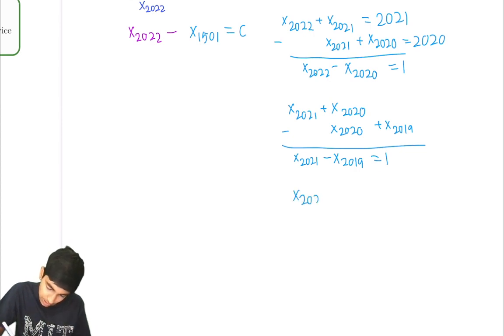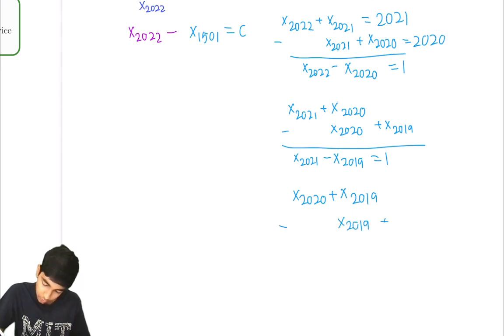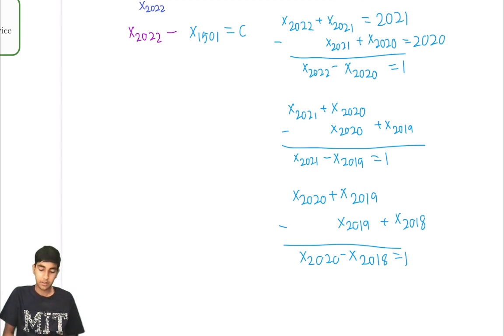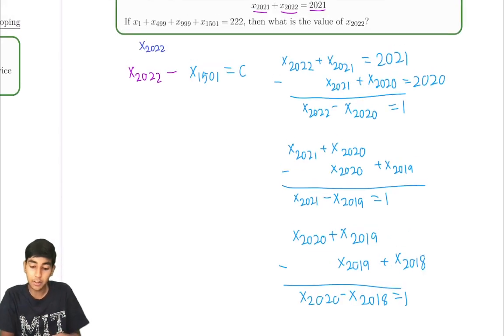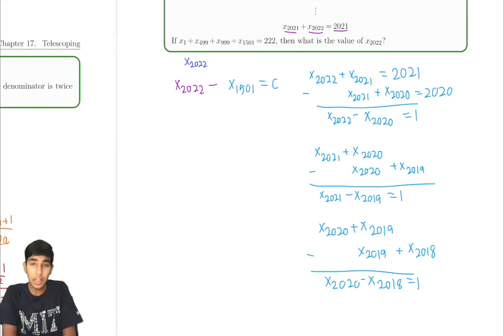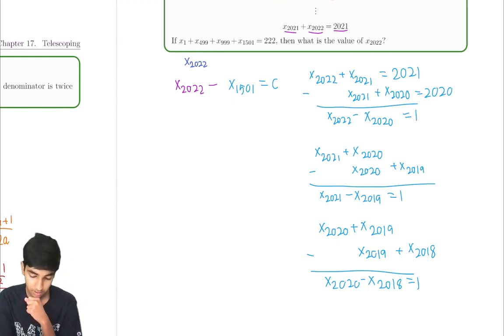X of 2020 plus x of 2019 minus x of 2019 plus x of 2018. That says that x of 2020 minus x of 2018 is 1. Okay, it seems like this is true for every pair of values that differ by 2. Sorry, and that is indeed the case.